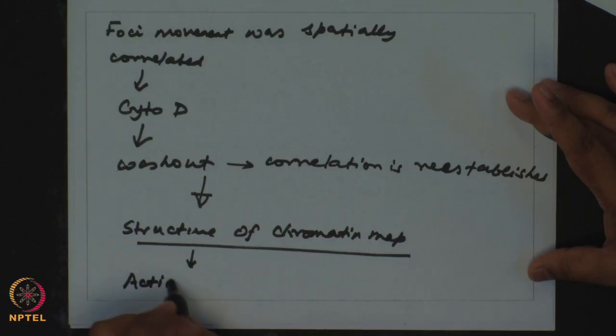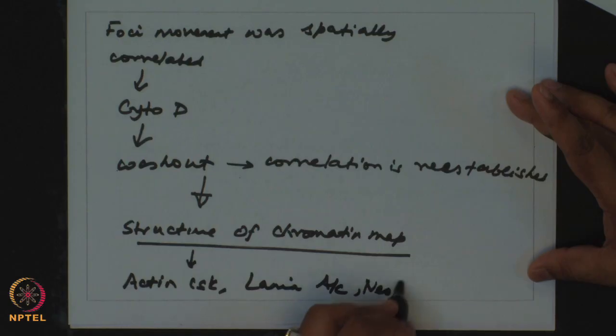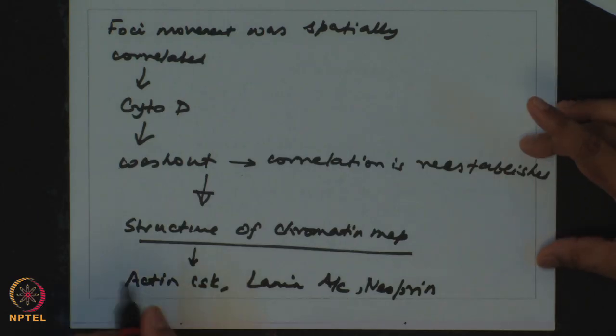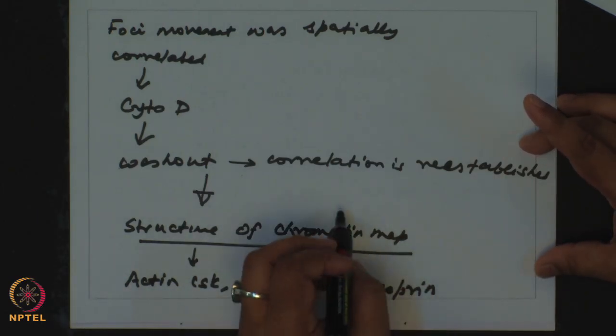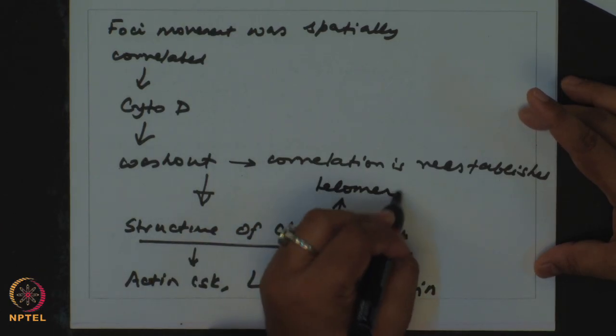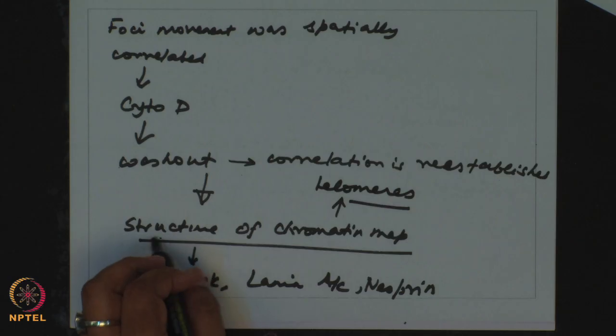So, you have the actin cytoskeleton, Lamin A/C, nesprins or link domain proteins, and so on and so forth. Okay. So, these collectively regulate the telomeres, which serve as the endpoints of the chromatin. Okay. With that, I stop here.